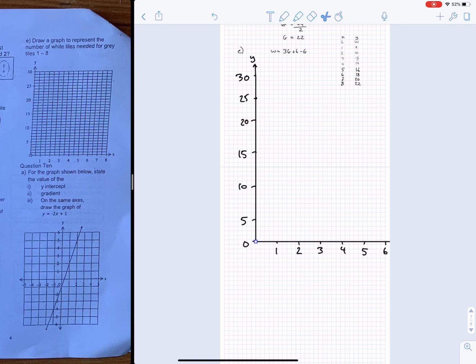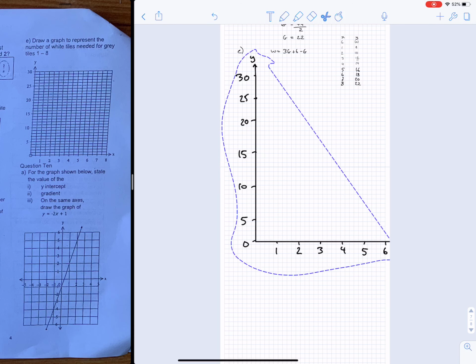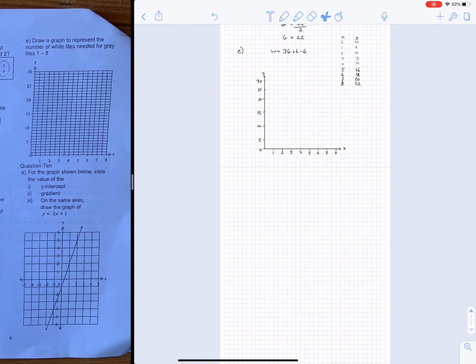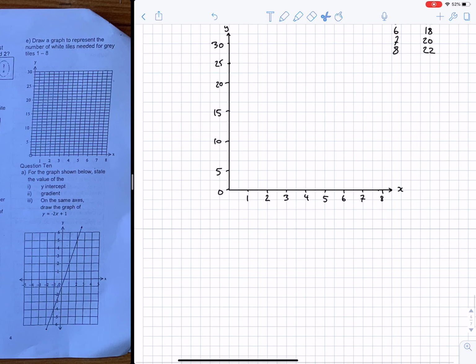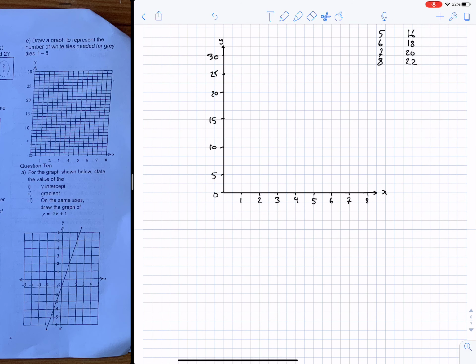Undo. Oops. Perhaps that wasn't a good idea. Well, what if we change the y-axis to go up in 2s? Maybe that would be a better idea.